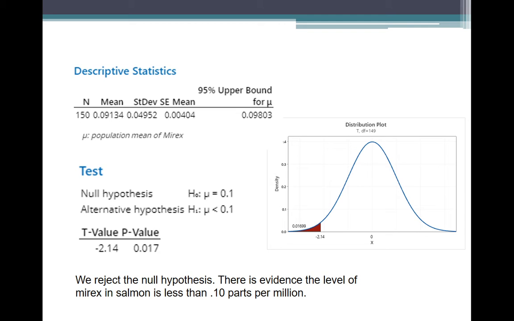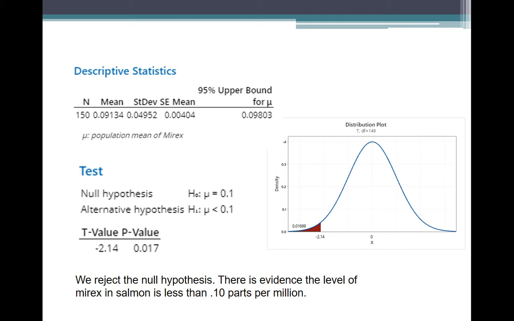So if I would have calculated everything and taken 0.09134 minus 0.10 and divided by s over the square root of n minus 1, or 0.04952 divided by the square root of 149, I would get a t-value of negative 2.17 from 2.14.